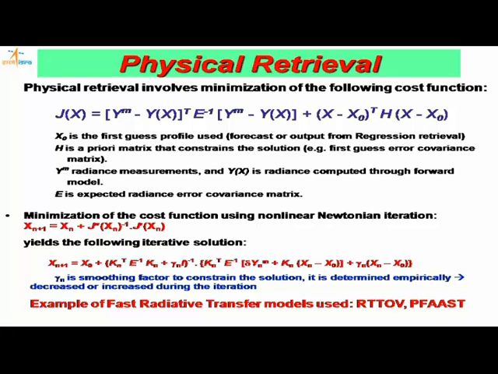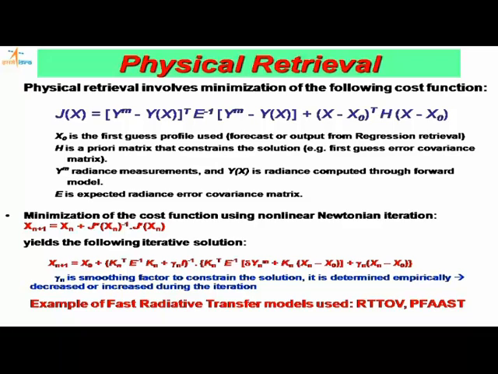Now, y is the radiance measurement in the sounder channels, and y(x) is the forward model, that is, the radiance simulated using a radiative transfer model. So basically we establish a cost function J(x), which has two parts.